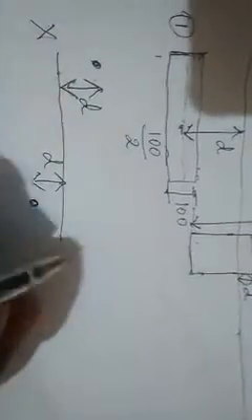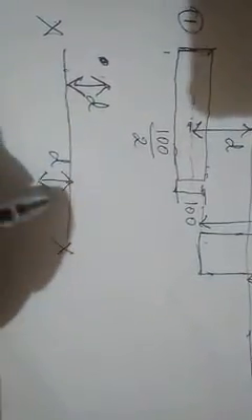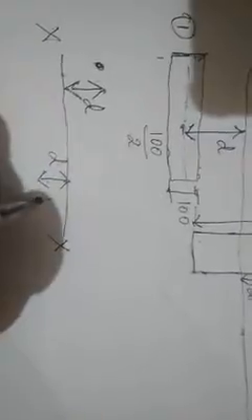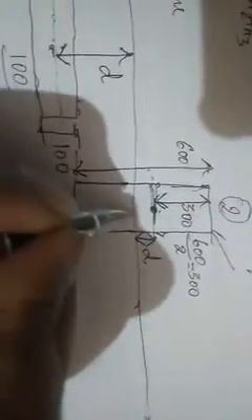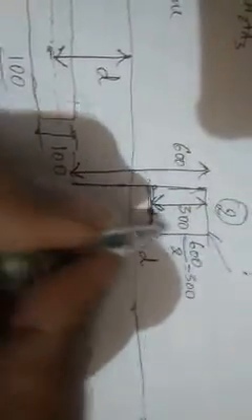The centroid of any section lies above the x-axis or below the x-axis, and the distance you have to take is D. Here the centroid lies here, this is the centroidal axis, and from here to here the distance is D.